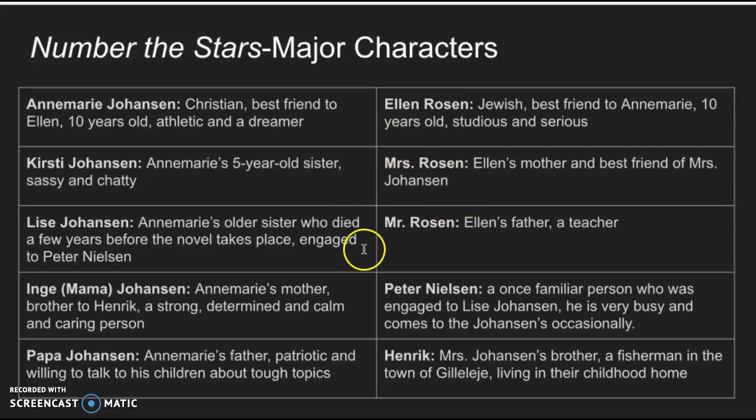They all live in the same apartment building. Peter Nielsen is a once familiar person to the Johansens because he was engaged to Lise Johansen. He is very busy and only comes around occasionally. And Henrik is Mrs. Johansen's brother. He is a fisherman in the town of Gilleleje.